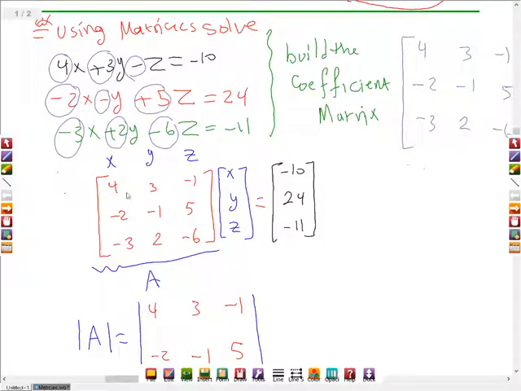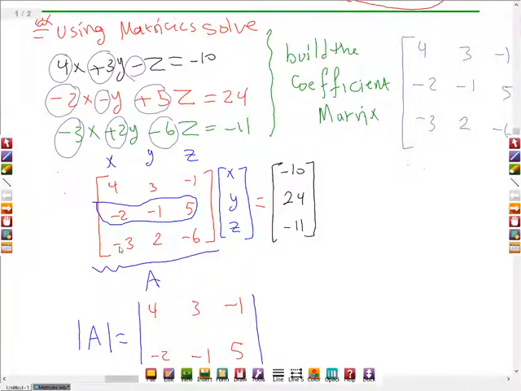If you multiply this from multiplying matrices, 4 times x, 4x, 3 times y, 3y, -1 times z, -z, equal -10, which is the answer. The same thing if you multiply the second row. If you take the second row here, you take it and you flip it and you put it here, you'll get -2x minus y plus 5z equal 24.